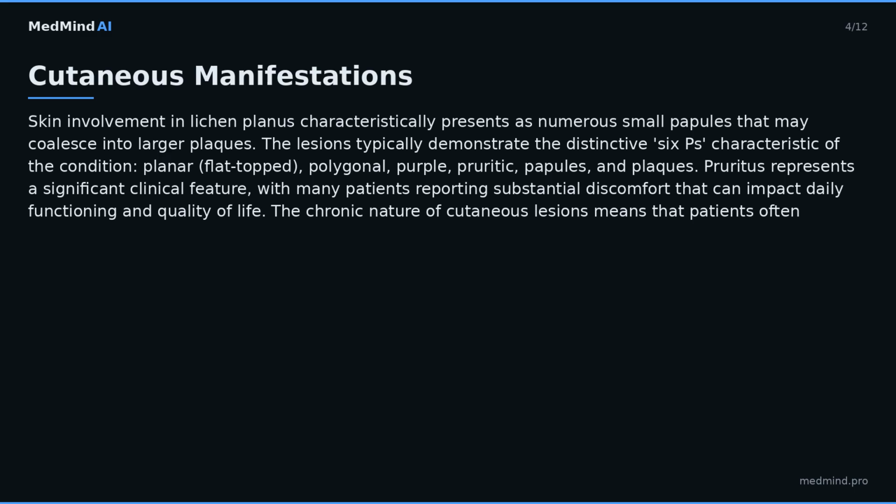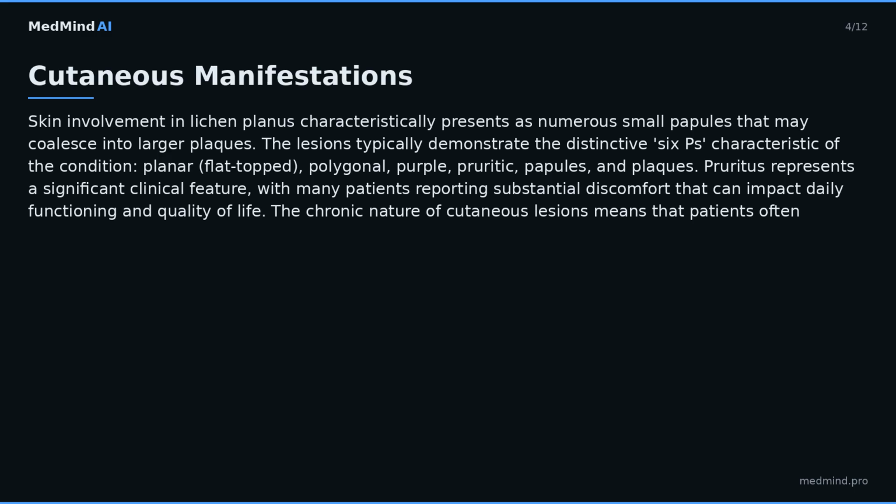Cutaneous manifestations. Skin involvement in lichen planus characteristically presents as numerous small papules that may coalesce into larger plaques. The lesions typically demonstrate the distinctive 6Ps characteristic of the condition: planar, flat-topped, polygonal, purple, pruritic, papules, and plaques.